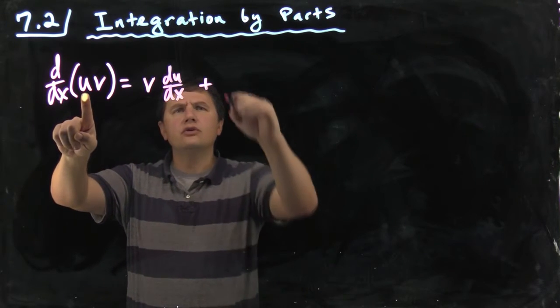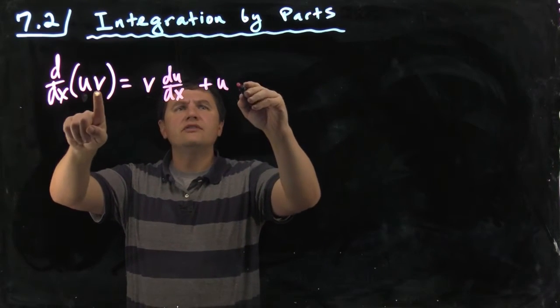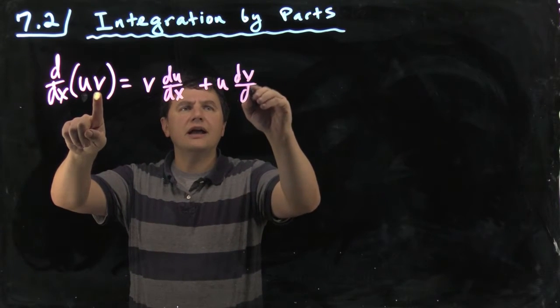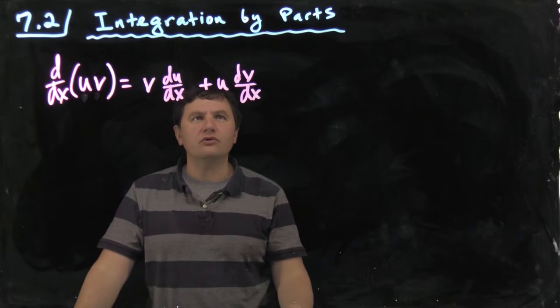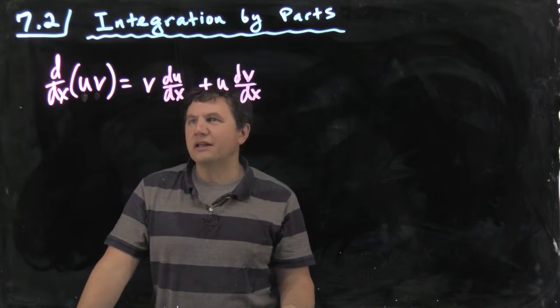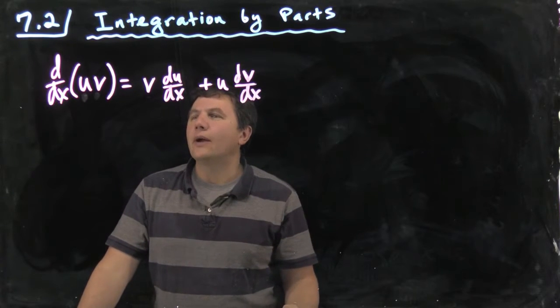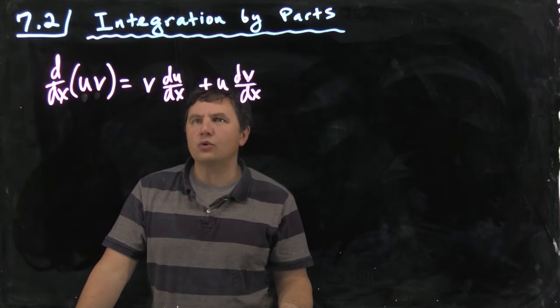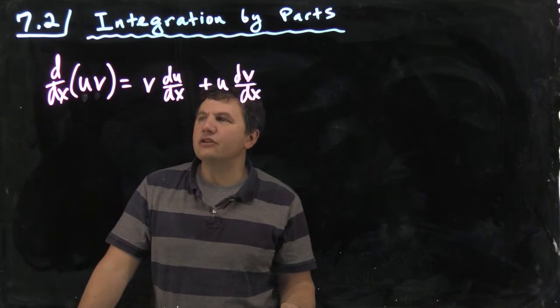So we're going to copy down the u and take the derivative of v, so dv over dx. I'm going to do my best to keep my u's looking different from my v's, but hopefully you'll know which is which by at least the context.